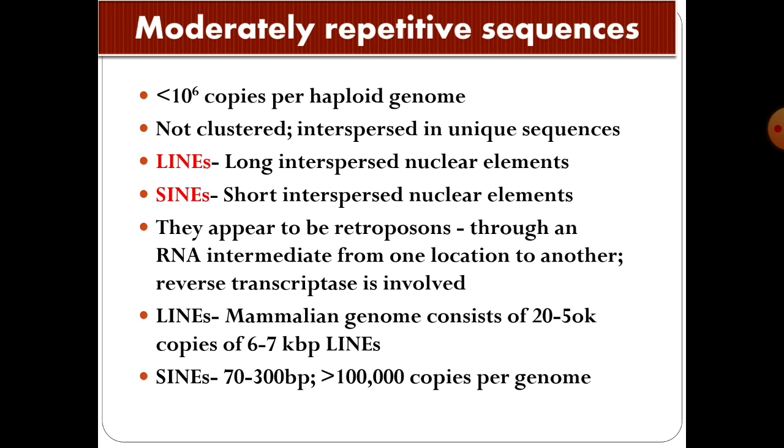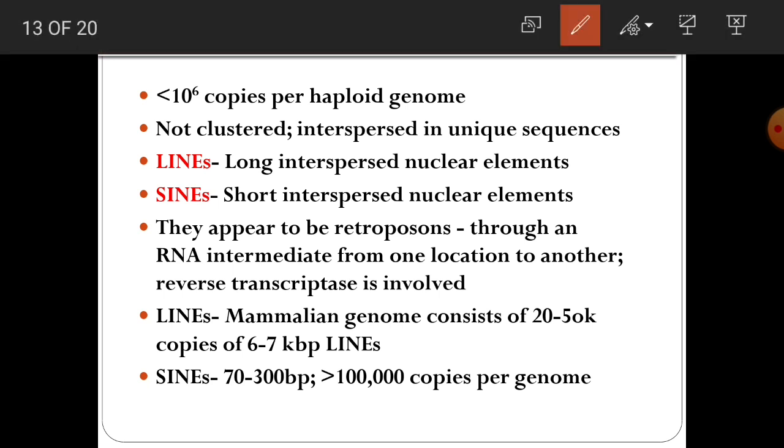Now, moderately repetitive sequences: they are not clustered like we had seen in the highly repetitive ones, they are interspersed in unique sequences, and less than 10 to the power 6 copies per haploid genome are present. Again there are two varieties, long interspersed nuclear elements and short interspersed nuclear elements, LINEs and SINEs.